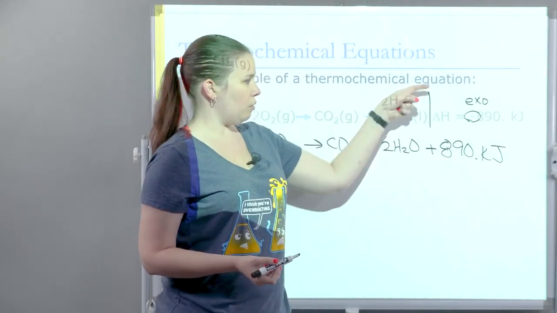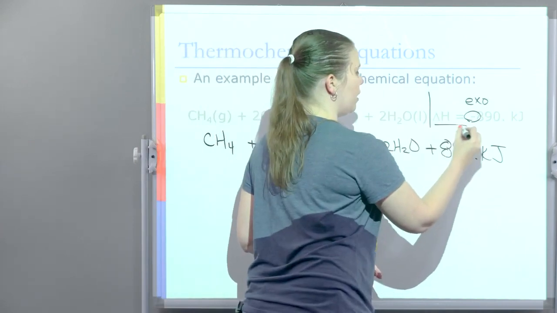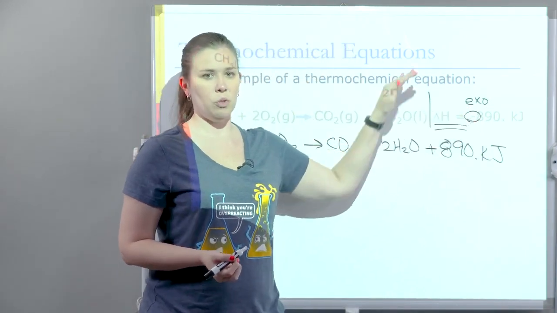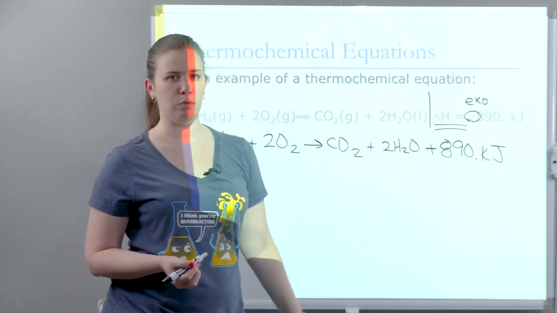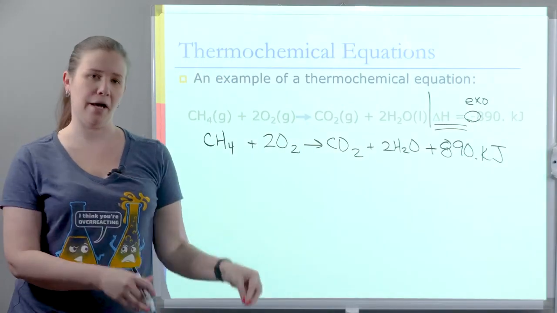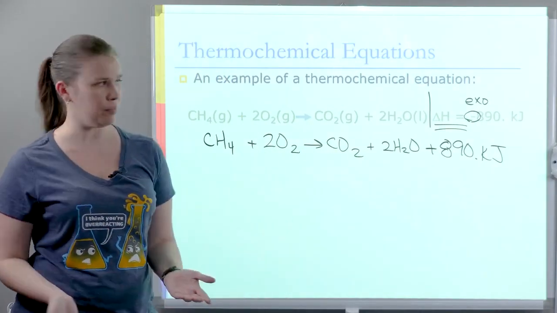Now, if we were going the other way around, the fact that it's on the product side means that when you write it as delta H equal, you need to make it negative. So you want to get comfortable going back and forth between the two, because when we actually work problems, we want to make sure we're using the correct sign. And sometimes where the heat is in the equation can tell you what the sign should be.